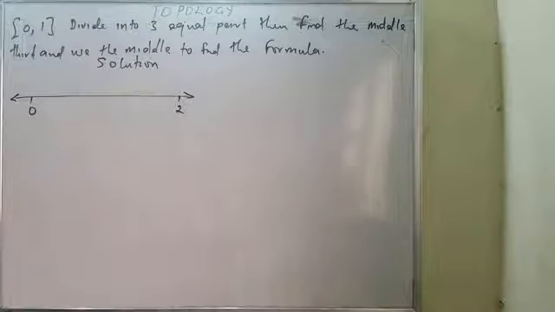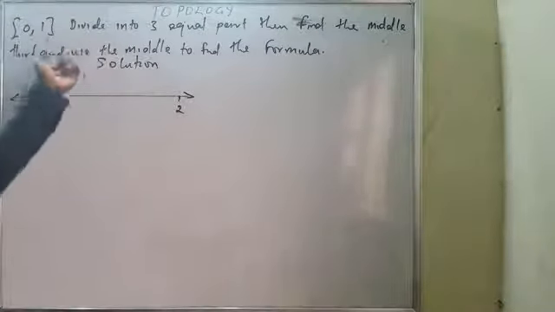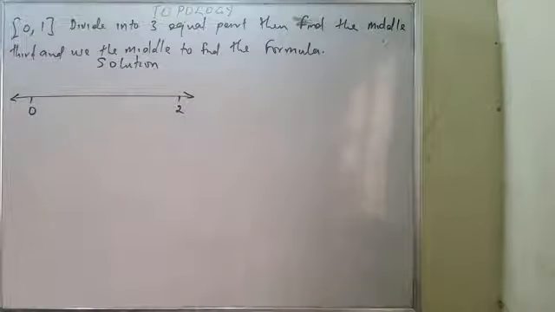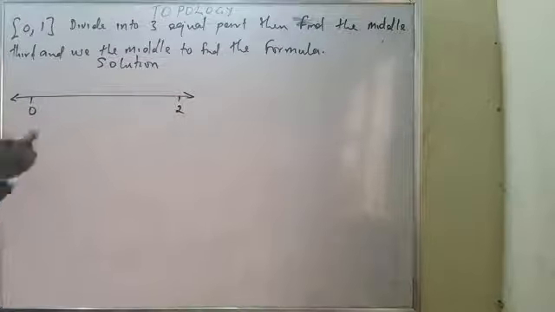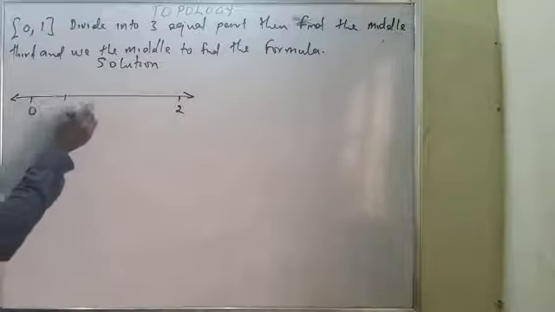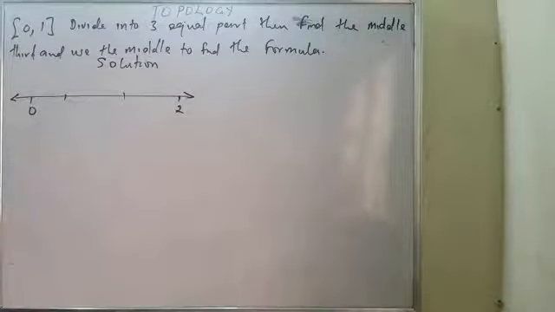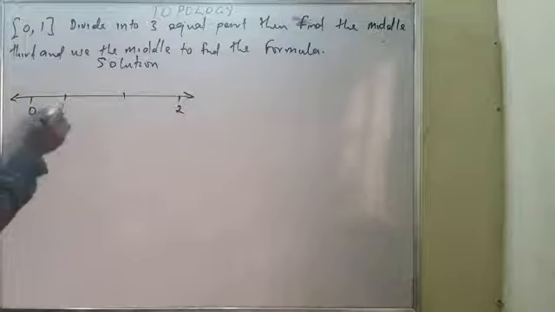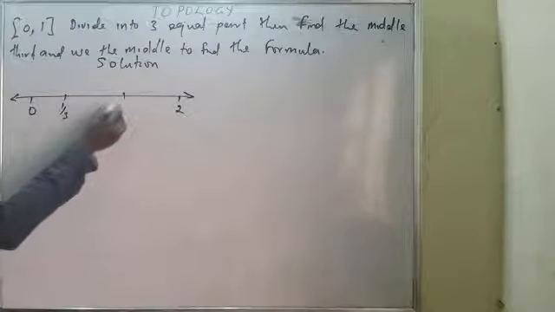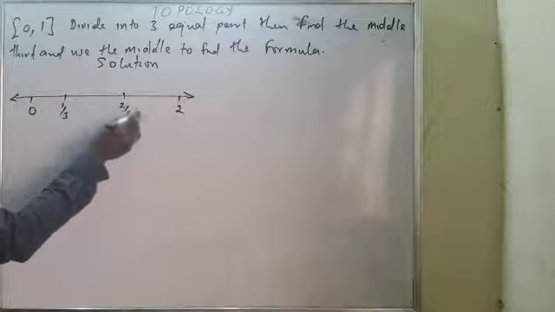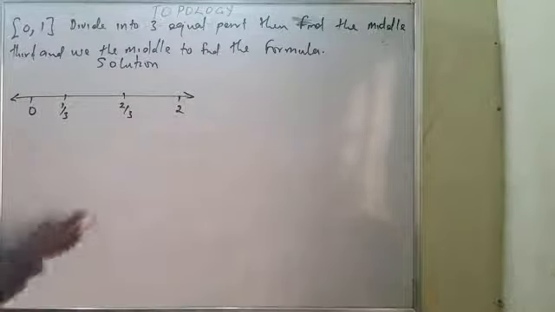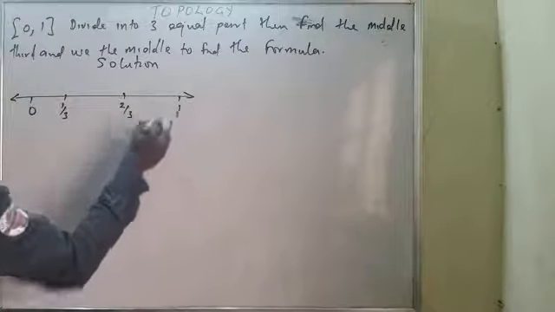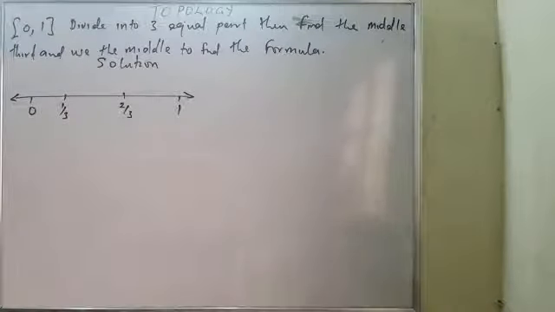But this time around, it is divided into 3 equal parts. If I have this as 1 over 3, I have this as 2 over 3. It's between 0 and 1. Can you see I've successfully divided it?